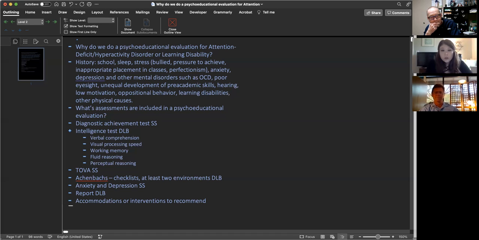Yeah. So the diagnostic achievement test, there's lots of different ones. The one we tend to use is the Wechsler achievement test. But what you're looking at is basically developed knowledge or developed skills, things that you learned in school, comparing to different grade levels, what they should know at this age or this grade, and trying to figure out if they've reached a certain level of material that they should be in.